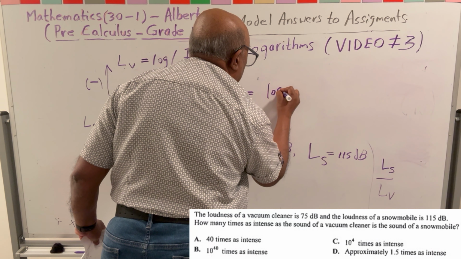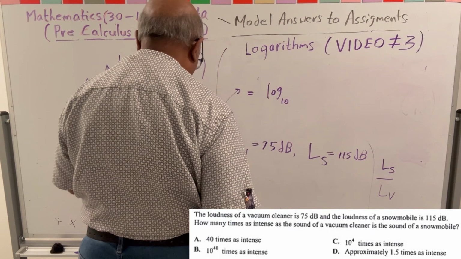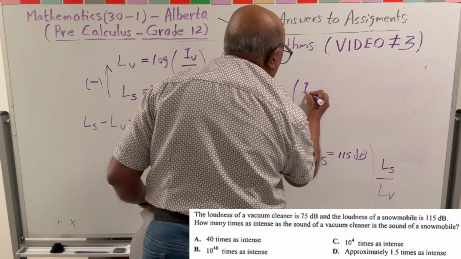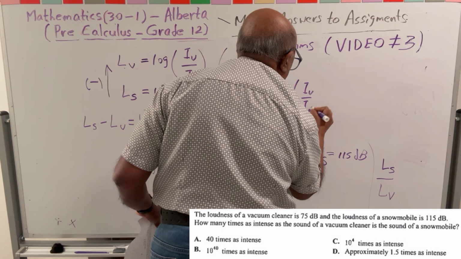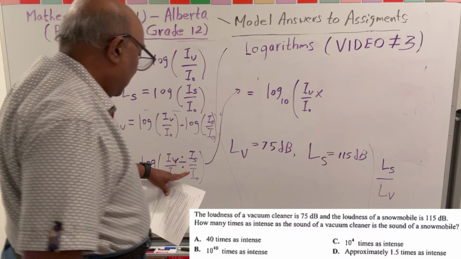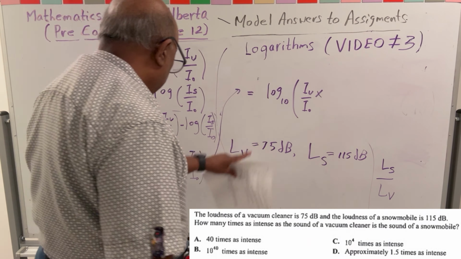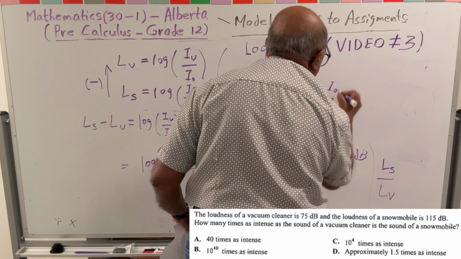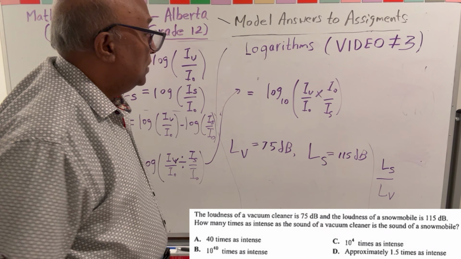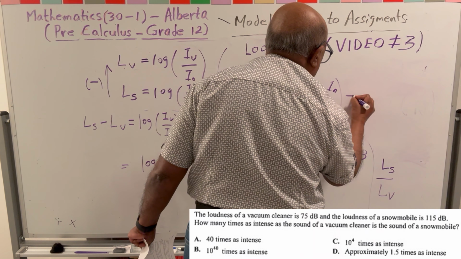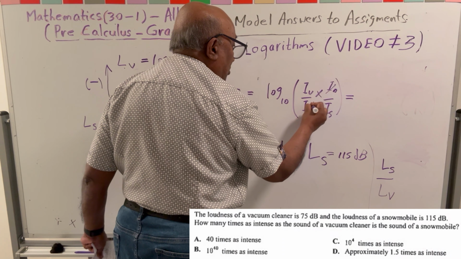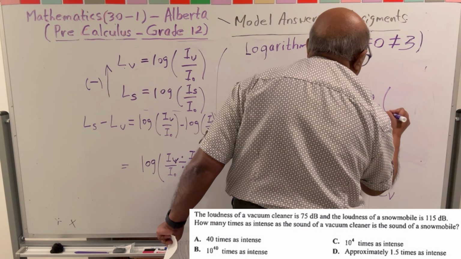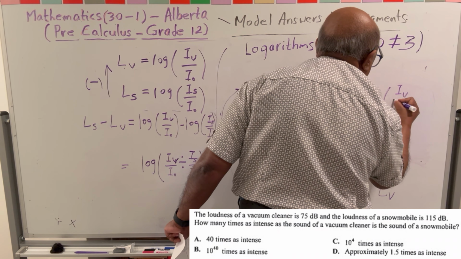Log 10, when you divide this, IV upon I naught, multiply by, then this will flip up and down with the multiplication sign, I naught upon IS. What is this? This is equivalent to, you can cross I naught and I naught, then you remain with log 10 IV upon IS.